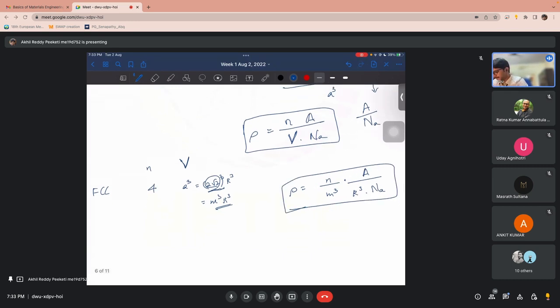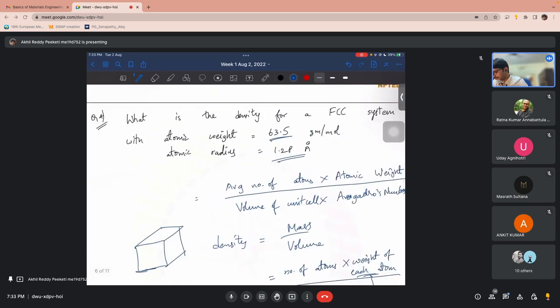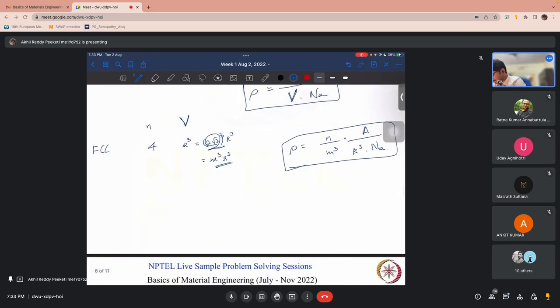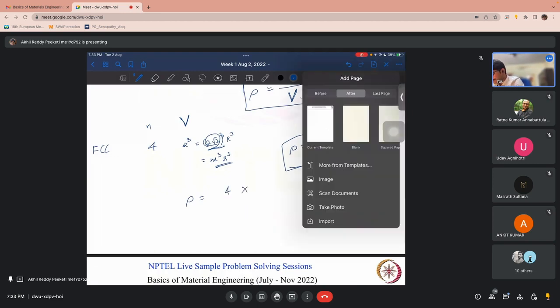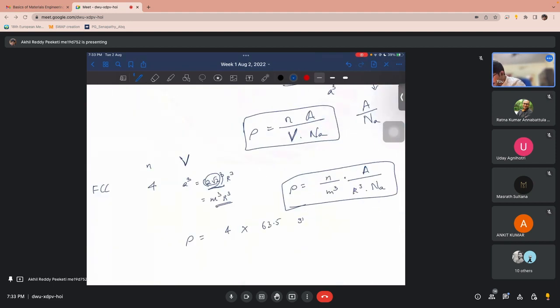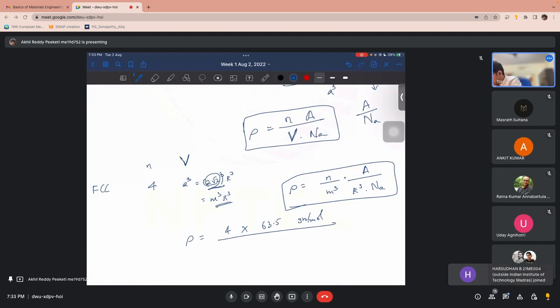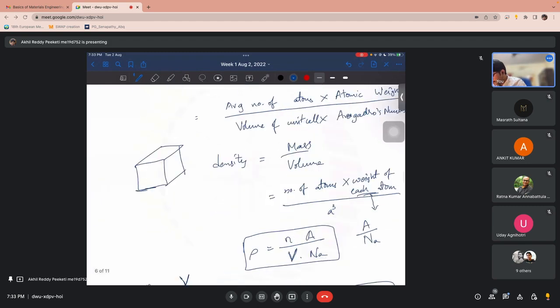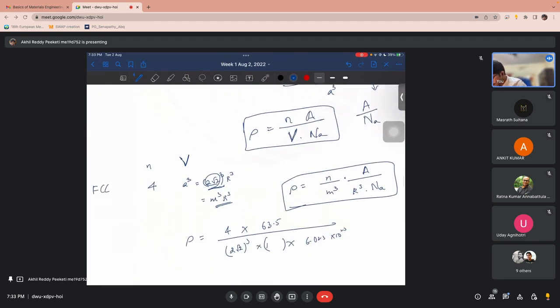In this case, given the values of 63.5 atomic weight and 1.28 angstroms, rho would be 4 atoms per unit cell into atomic weight 63.5 gram per mole, by Avogadro number 6.023 into 10 power 23, and then 2 root 2 whole cube into r cube, where r is 1.28 into 10 power minus 10 whole cube.